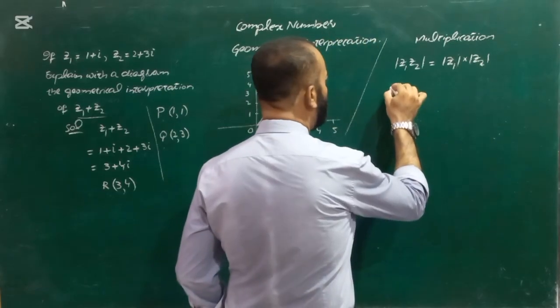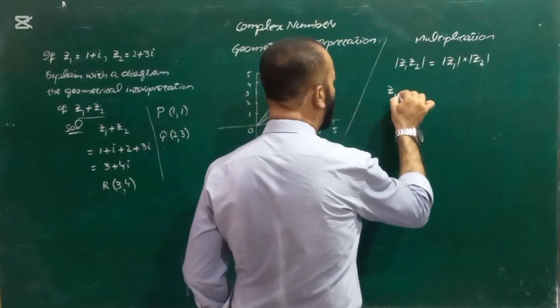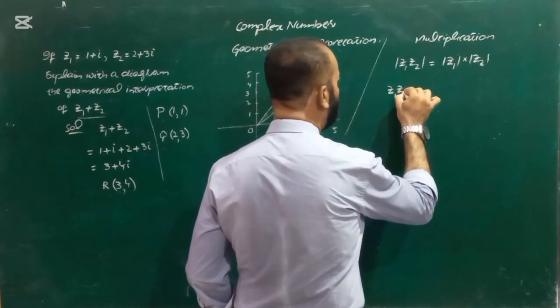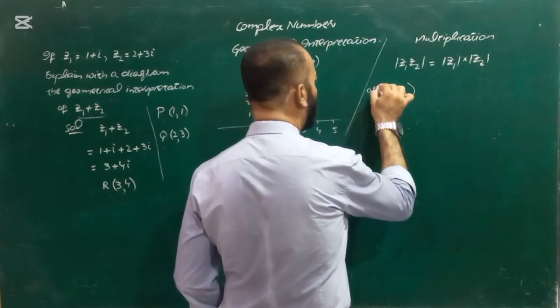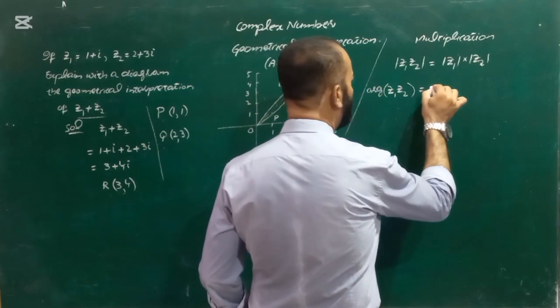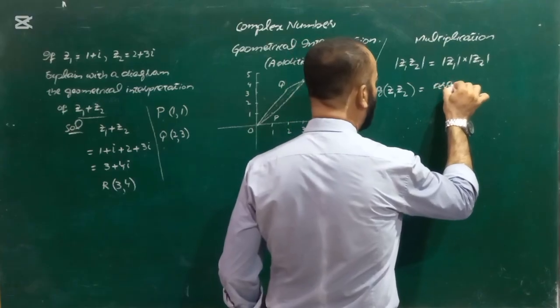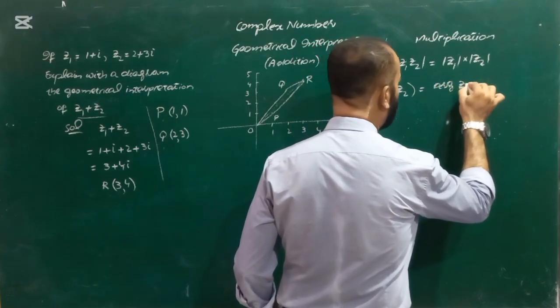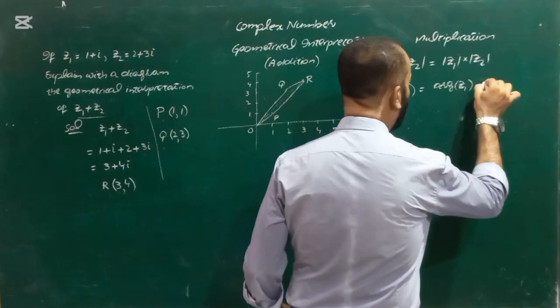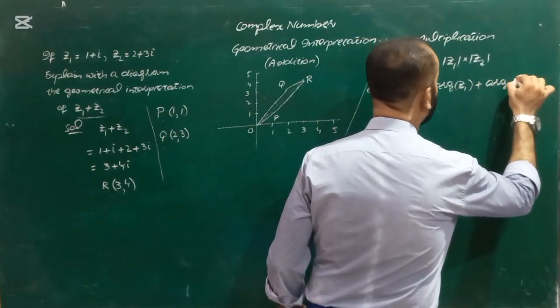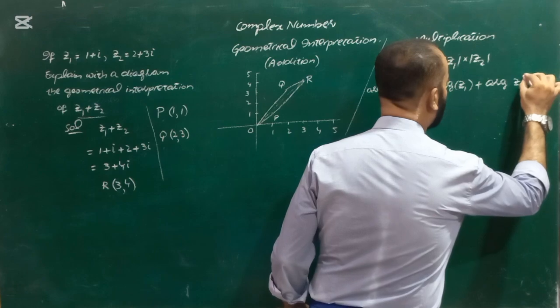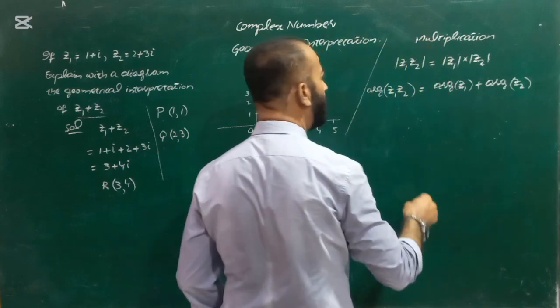And if two complex numbers are multiplying with each other, and we have to take the argument, so we have to take the argument of these two complex numbers and add them. So this is the concept for multiplication.